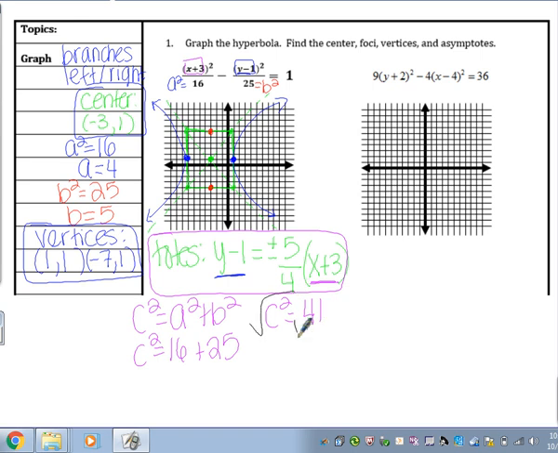And then I square root. C is a distance, so it's going to be the square root of positive 41. And then what do I tack that onto? Do I tack it onto h or k? H. So I'm going to say my foci are negative 3 plus or minus the square root of 41, comma 1.